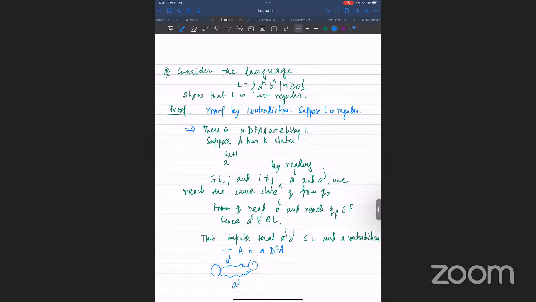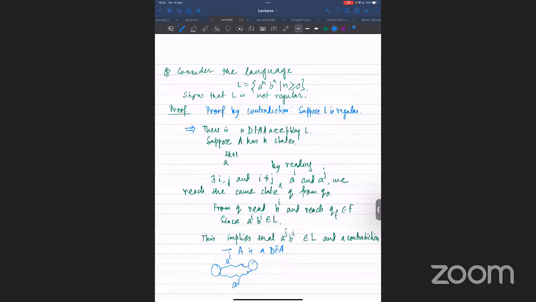So there should exist some run such that by reading both AI and AJ, you reach the same state. Because you have finitely many runs, on AI you reach here, on AJ also you reach here, and then the NFA should have an accepting run on reading BI. If you follow that accepting run, then by reading BI after reading AJ also you go there.